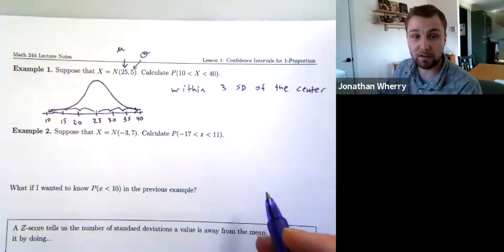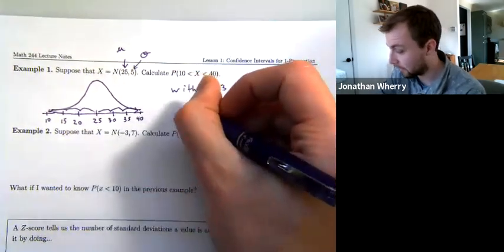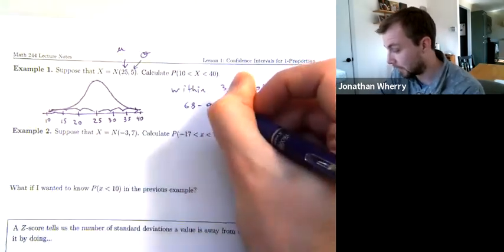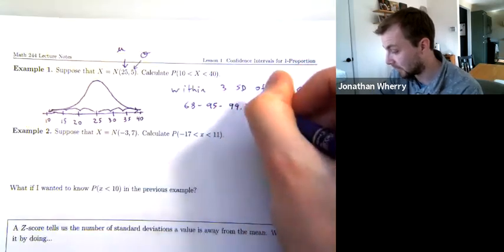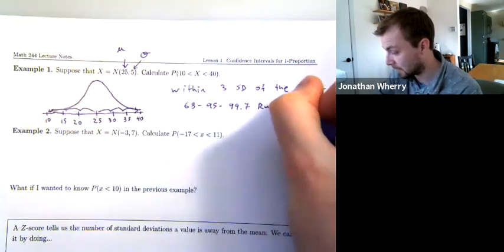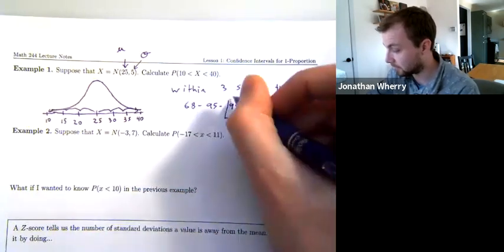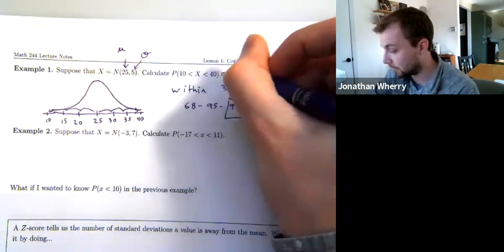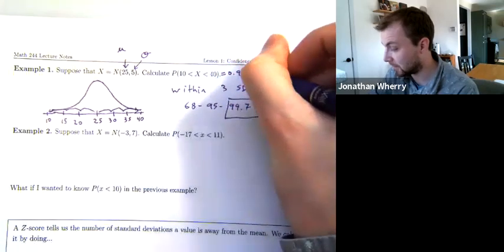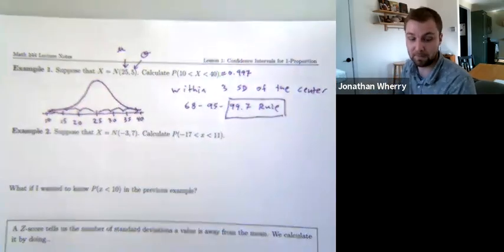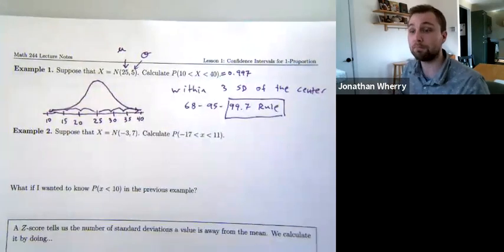And thinking back to the 68, 95, 99.7 rule, if I'm 1, 2, 3 standard deviations away, I must be looking at about 99.7%. I've written that as a decimal, 0.997.